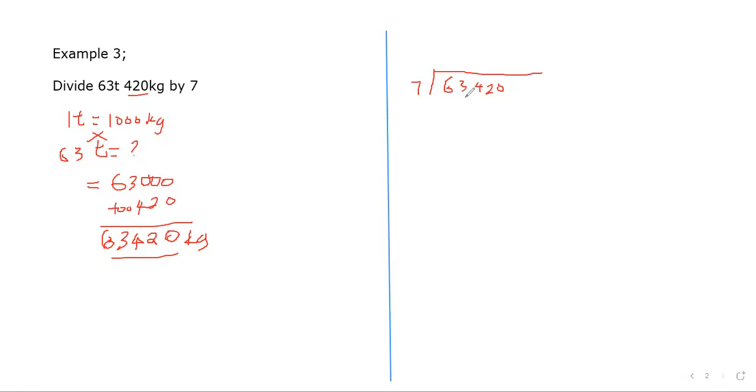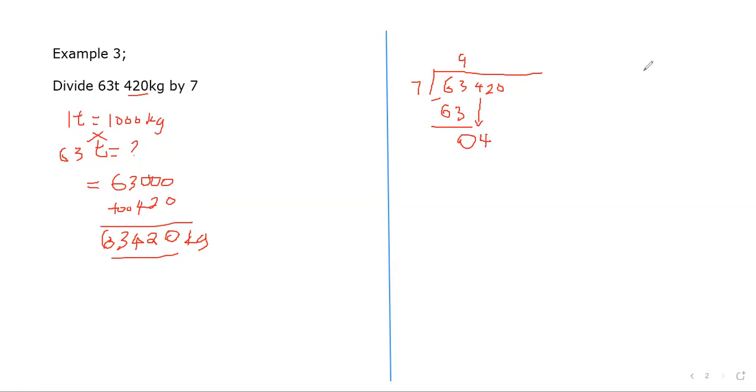I have 63. There's a number, if I multiply 7 by it, I'm going to get 63, and that number is 9. So 9 multiplied by 7 is 63. Now with 63, I have 63 minus 63. That is 0. Awesome.